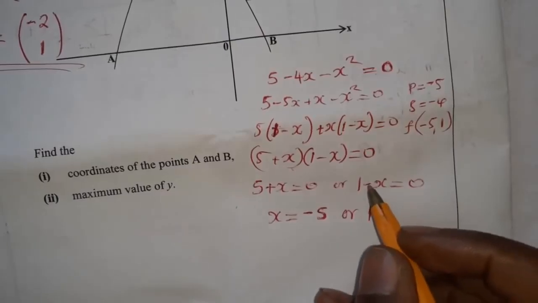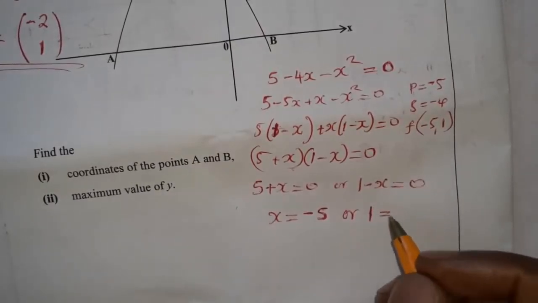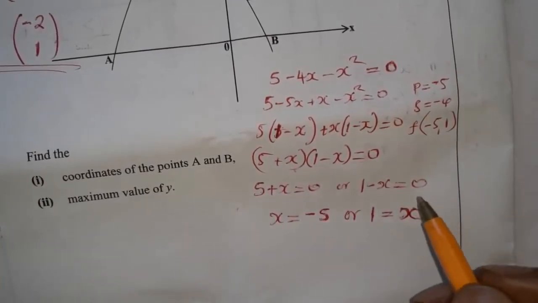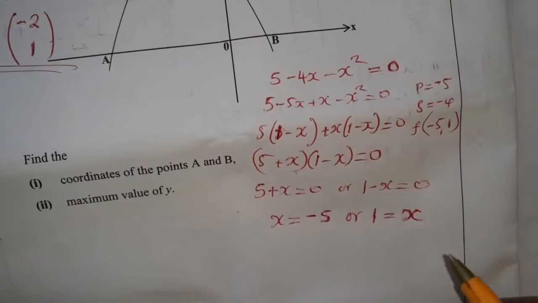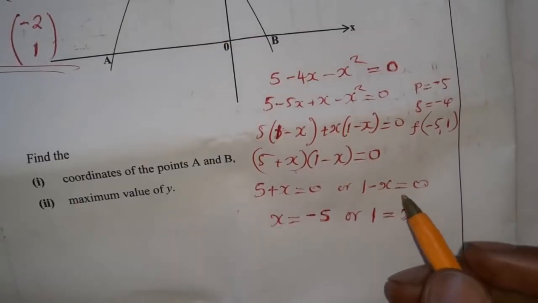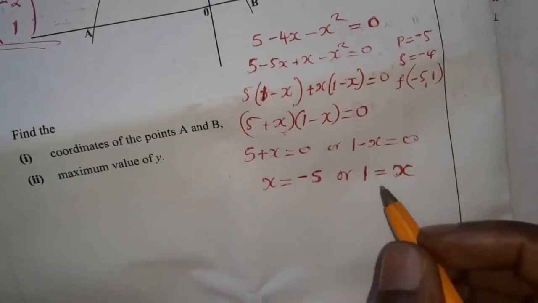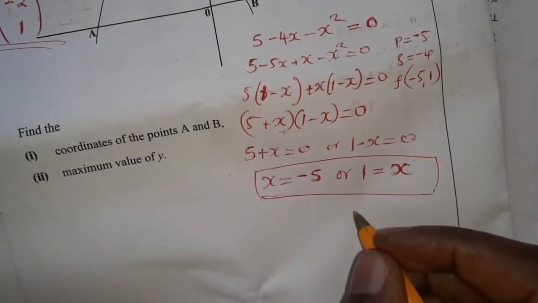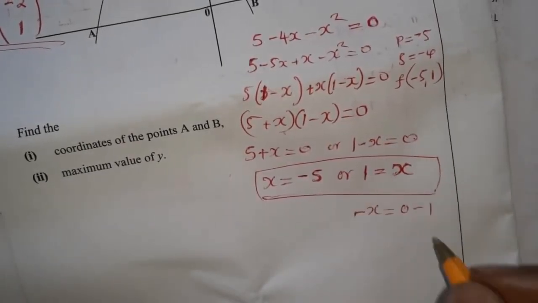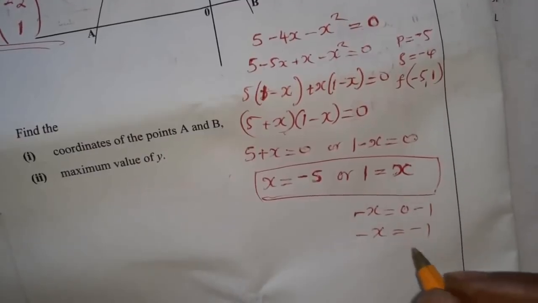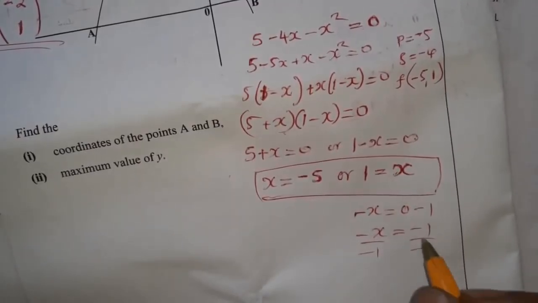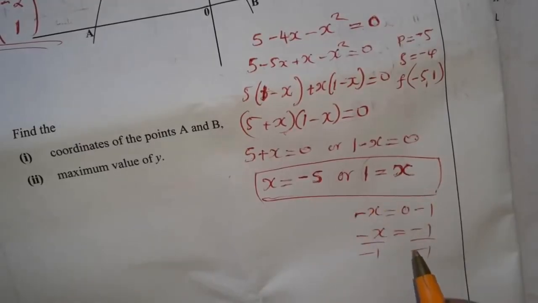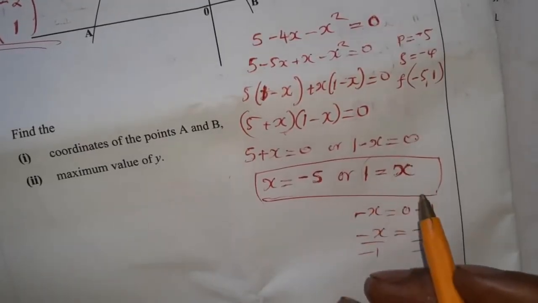That is the easier way. Take note, these are the answers. But if you want, you can say -x is equal to 0 minus 1. So this will be -x is equal to -1. Then you divide by -1, it will take you back to that. So these are the answers here.